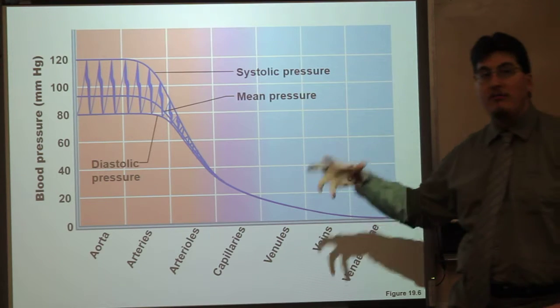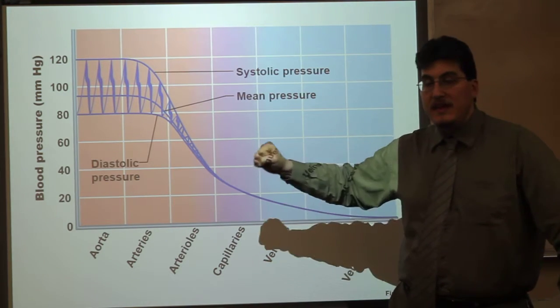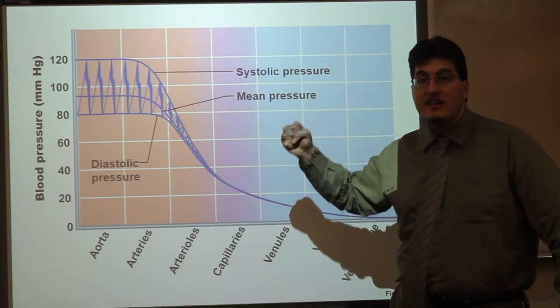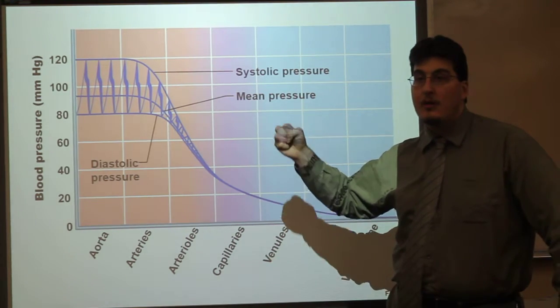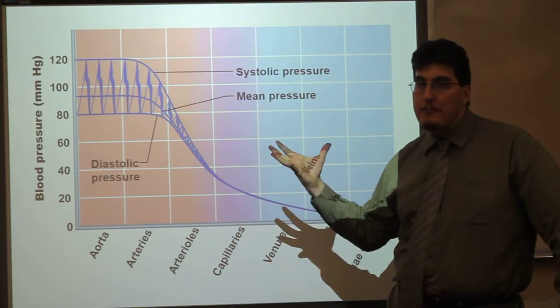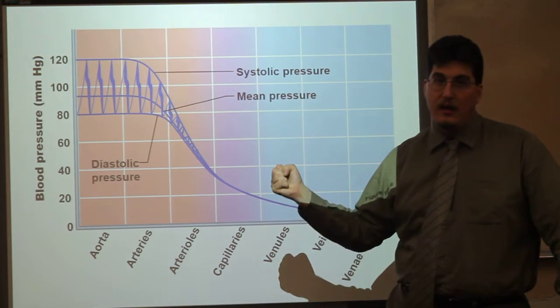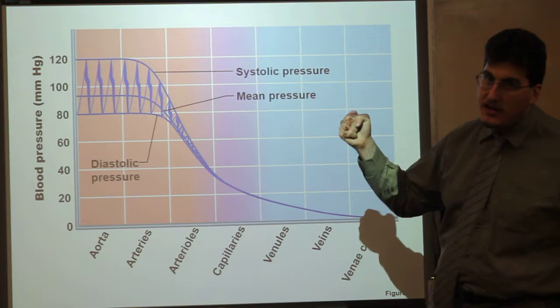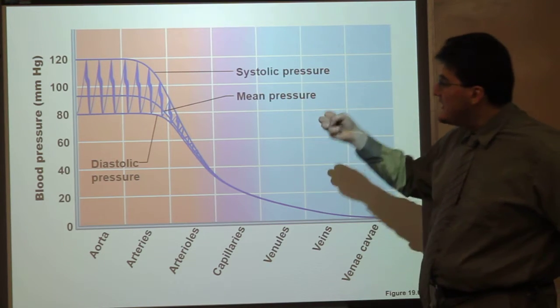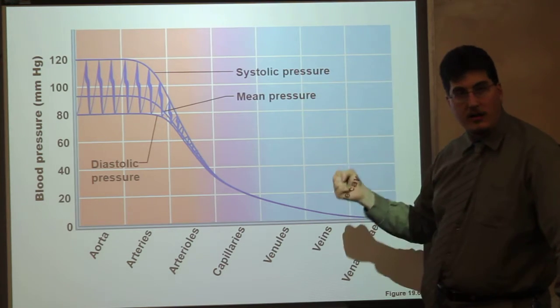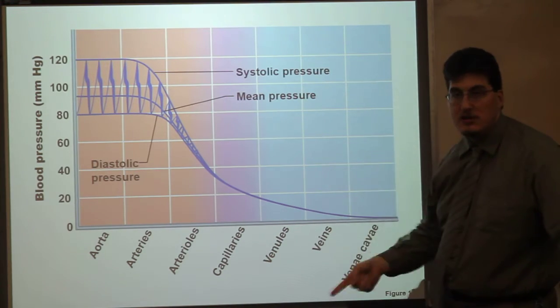The pumping of the heart, the diastolic pressure when the heart is relaxing, the low pressure in the heart, is what allows the blood to flow into the heart. And the high pressure of the heart contracting is what allows the blood to flow out of the heart and into the arteries. So, this constant beating of the heart is what allows the blood to flow continuously throughout the body.